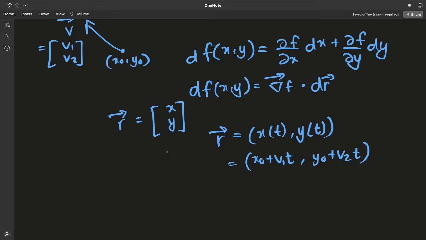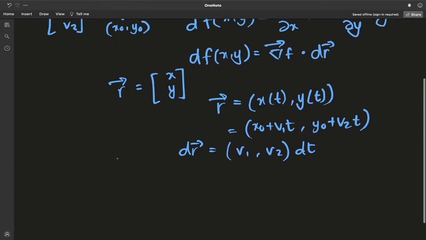Okay, and dr is not that bad. dr is just v1, v2 dt.